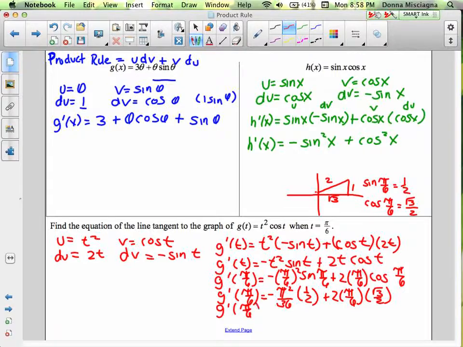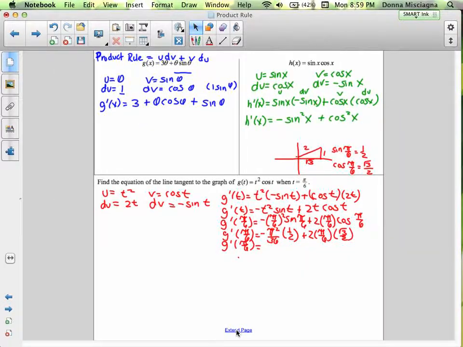G prime of pi over 6 equals, so now this will be negative pi squared over 72 plus, the 2s will cancel, so now we've got the square root of 3 times pi.